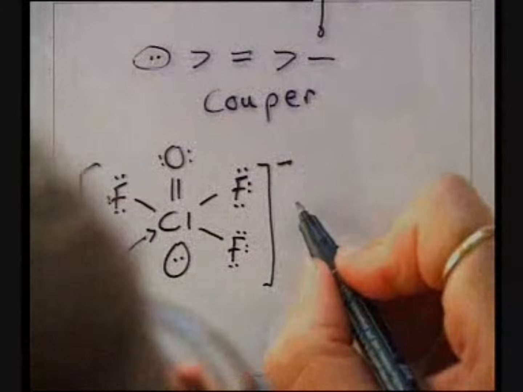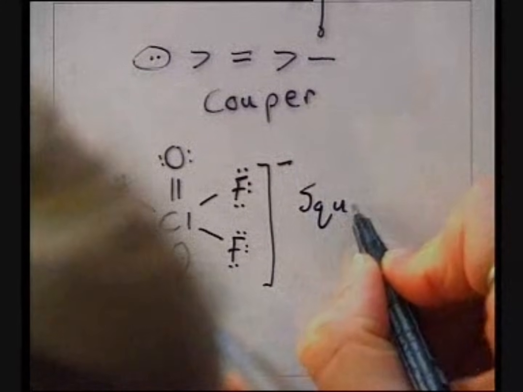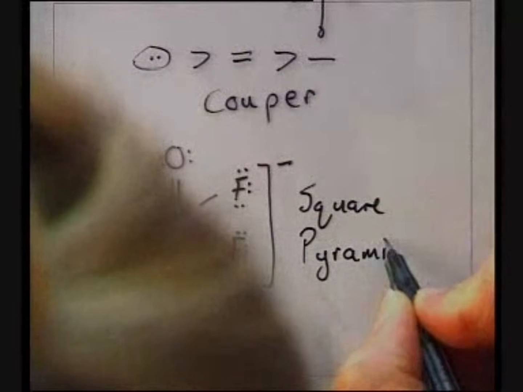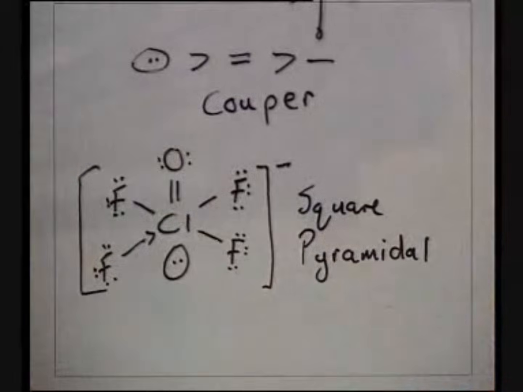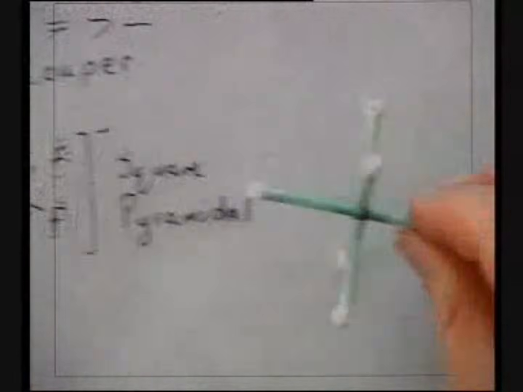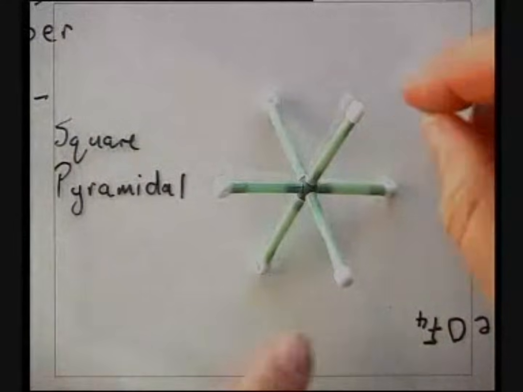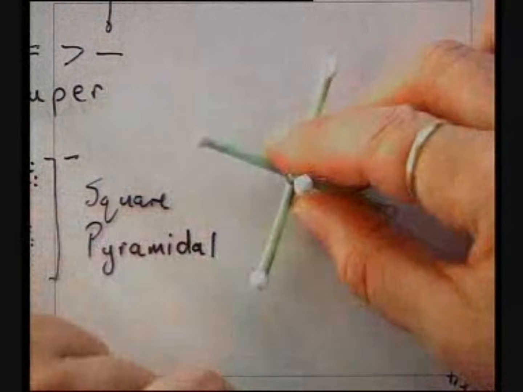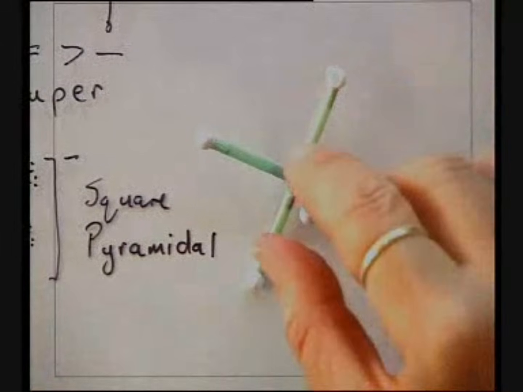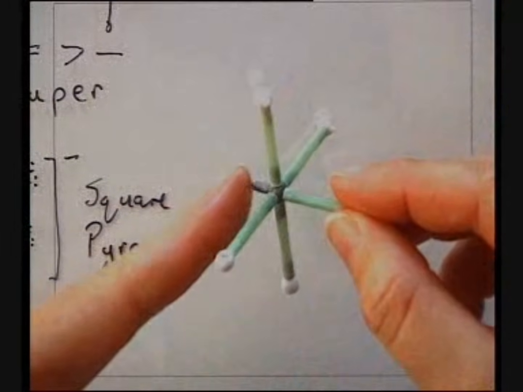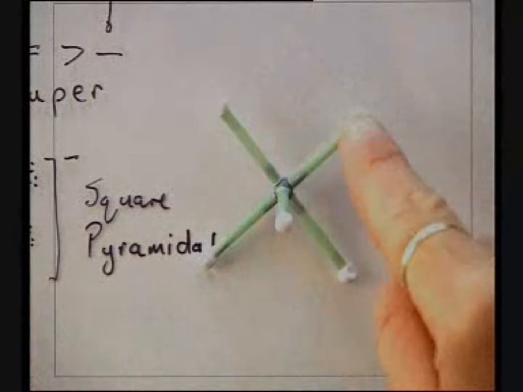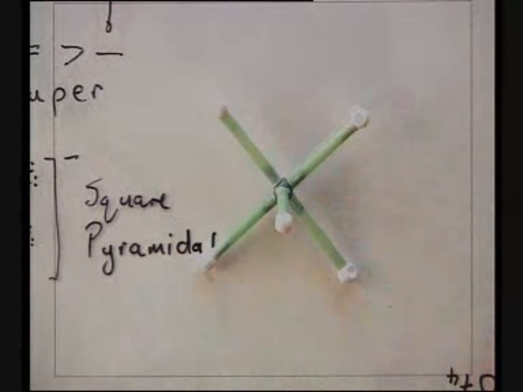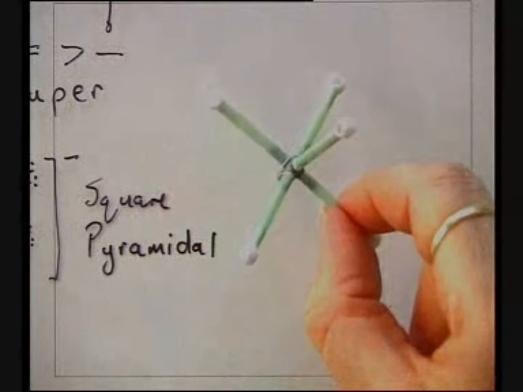We predict then a molecular geometry of being square pyramidal. The electron pair geometry was predicted as being octahedral. The molecular geometry is square pyramidal, where we've got one lone pair on the central atom, 4 planar positions for 4 terminal atoms, and the double bonded oxygen.